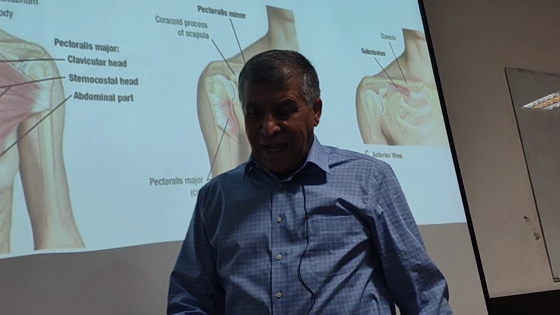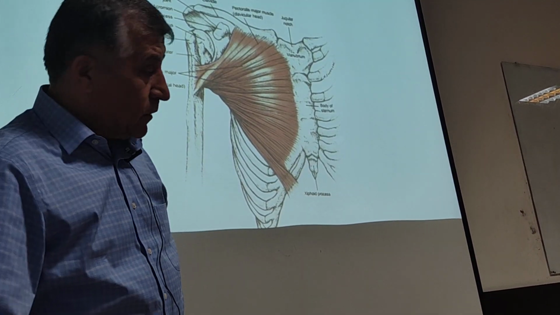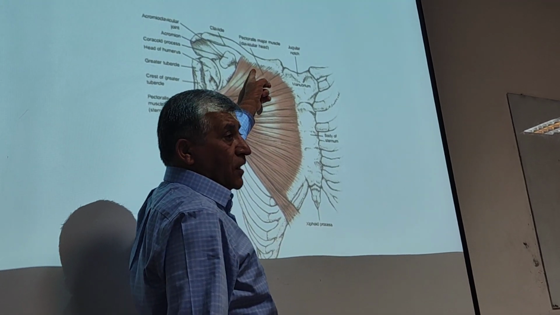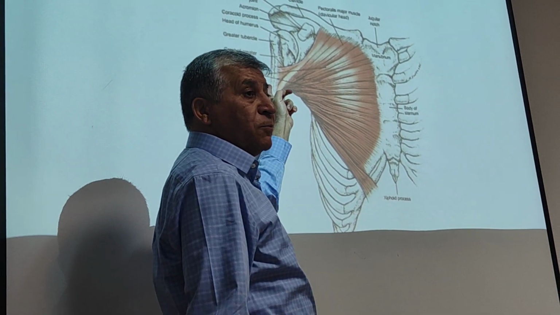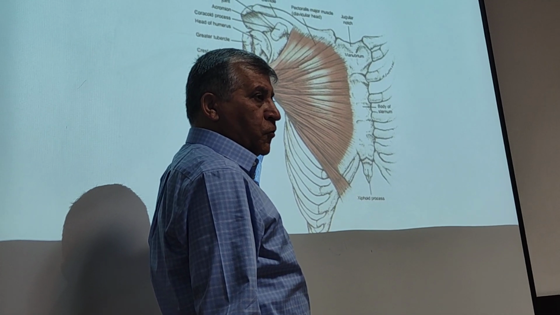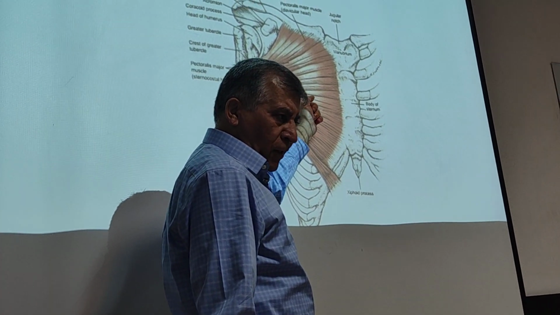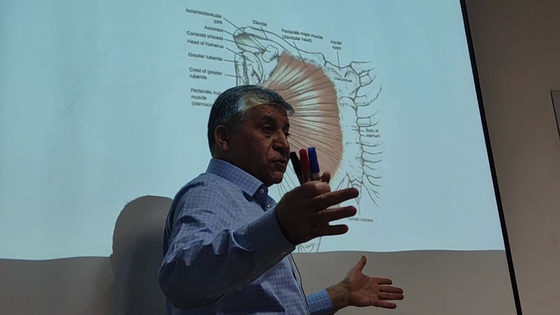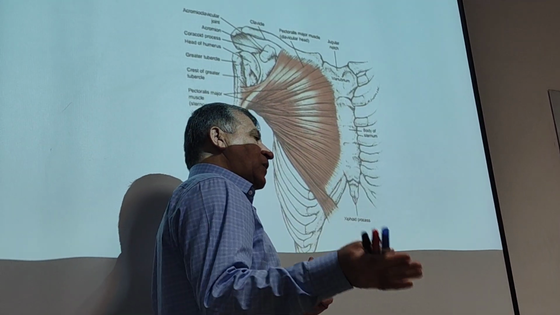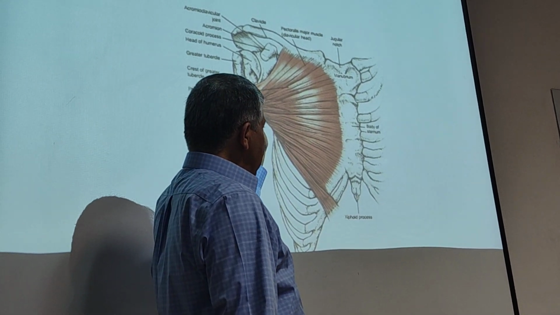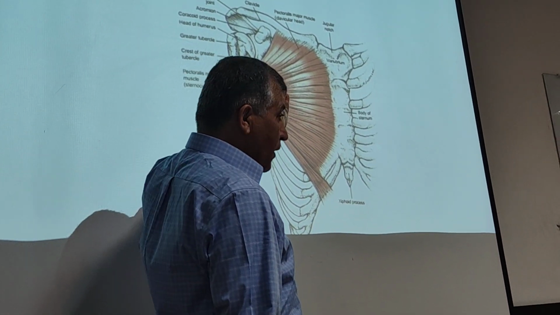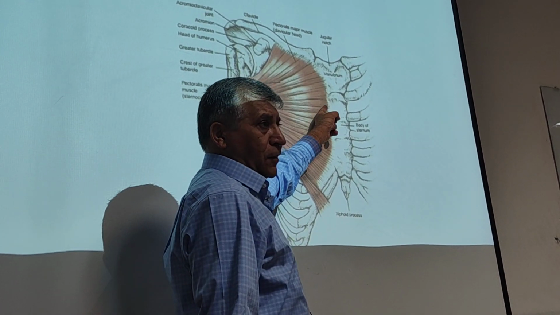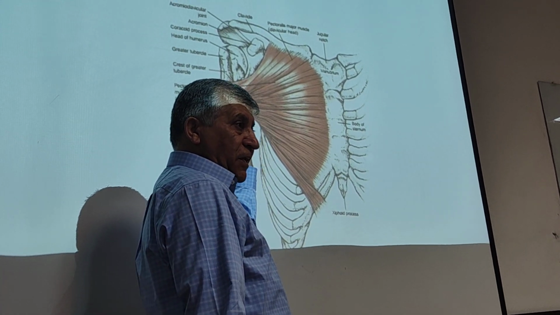In the lateral view, this one is pectoralis major, originating from the sternum, ribs, and clavicle, and inserting into the lateral lip of the intertubercular groove. This muscle is very large, so it has two nerves, the medial and lateral pectoral nerves. The function is adduction, medial rotation, and flexion. The insertion moves toward the origin.